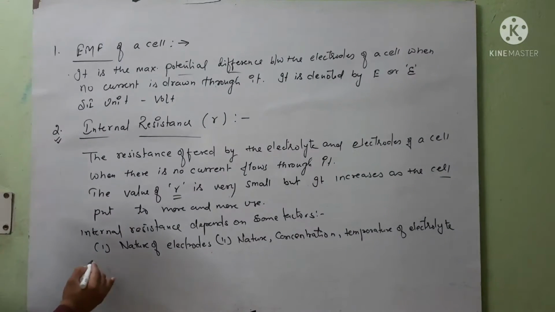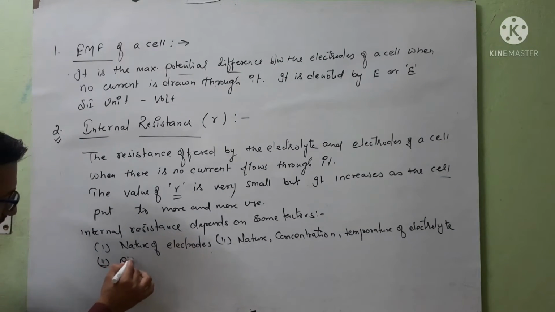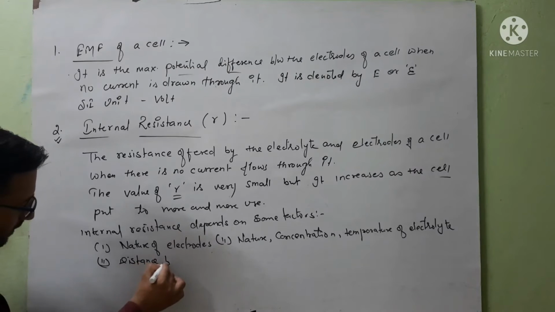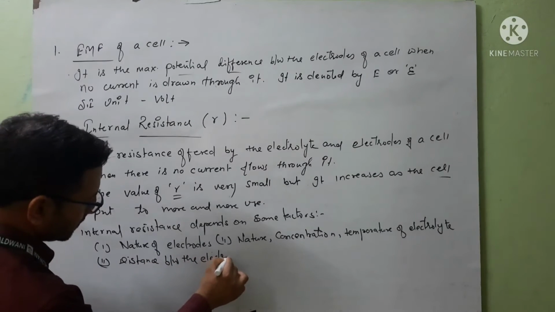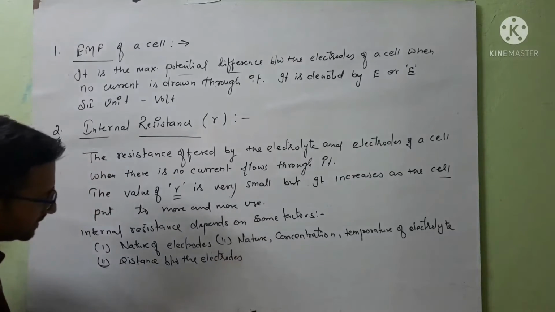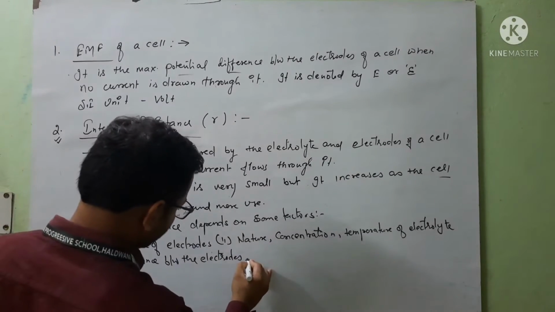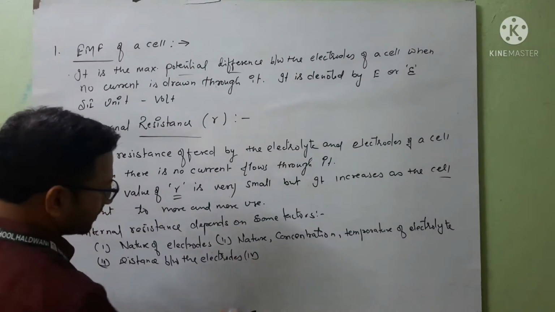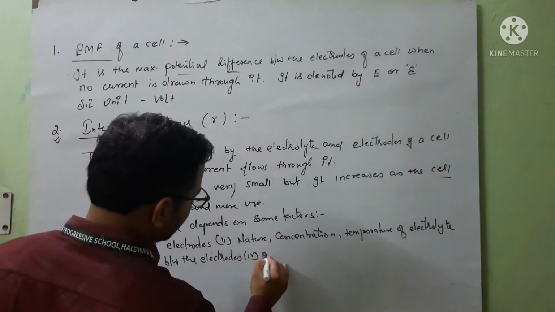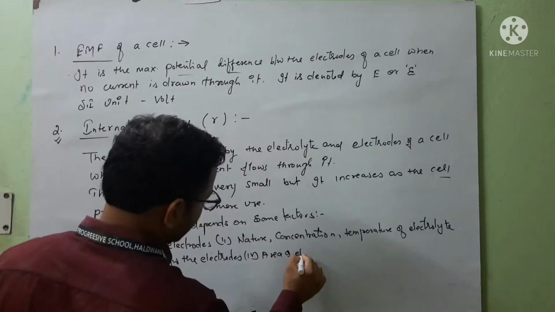After that, the distance between the electrodes. And one more, which is common, the area of electrodes.